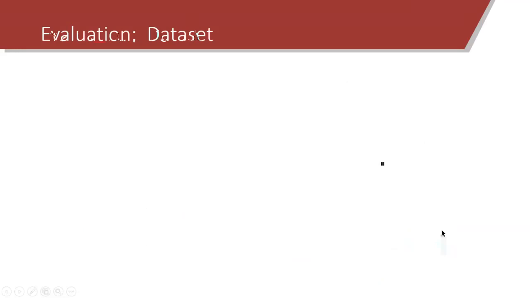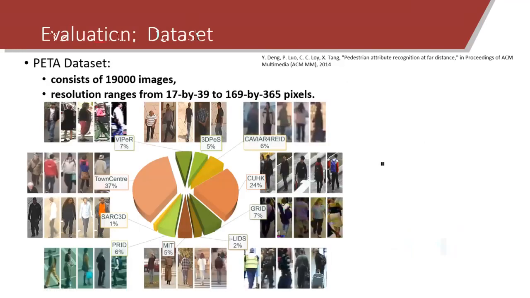In terms of evaluation, we test on one of the most widely used datasets, called the PETA dataset. It consists of around 19,000 images, and the dataset has varied resolution. Some of the images are, let's say, 17 by 39 pixels, while the remaining are large images.